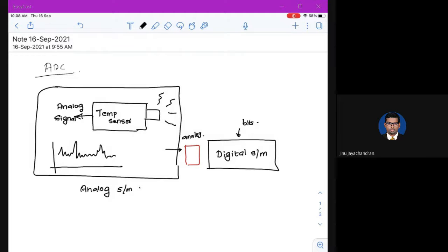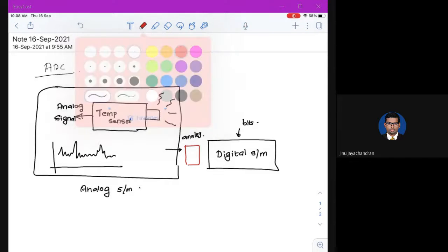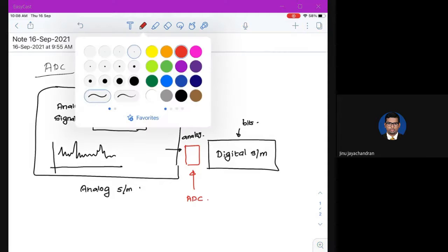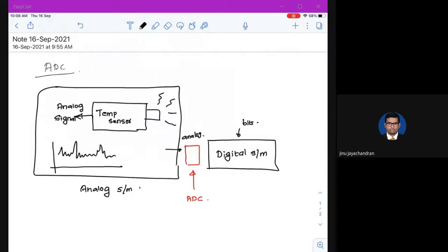And that bridge is your ADC, analog to digital converter. Now you can connect whatever signal you are measuring from the temperature sensor to the ADC. The ADC will convert this analog signal to digital and give it to the digital system.